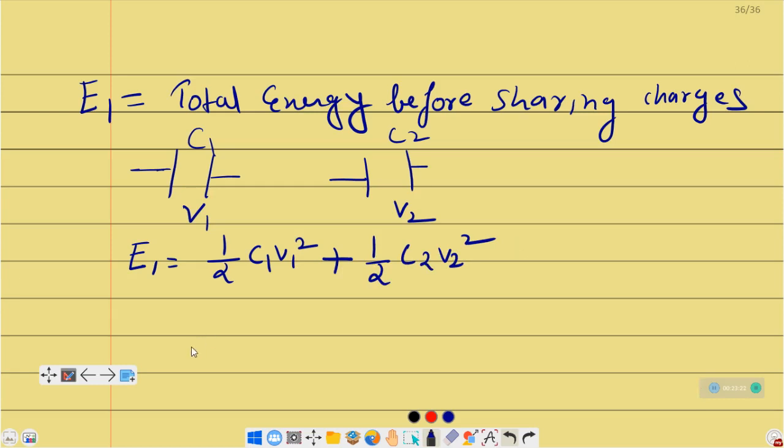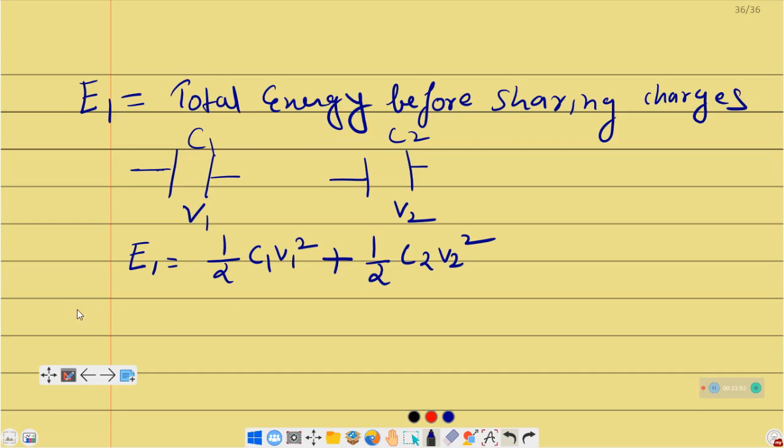Now let's say we connect these two capacitors together with a conducting wire. The charge flows from higher potential to lower potential until their potentials become the same, and that potential is known as the common potential.